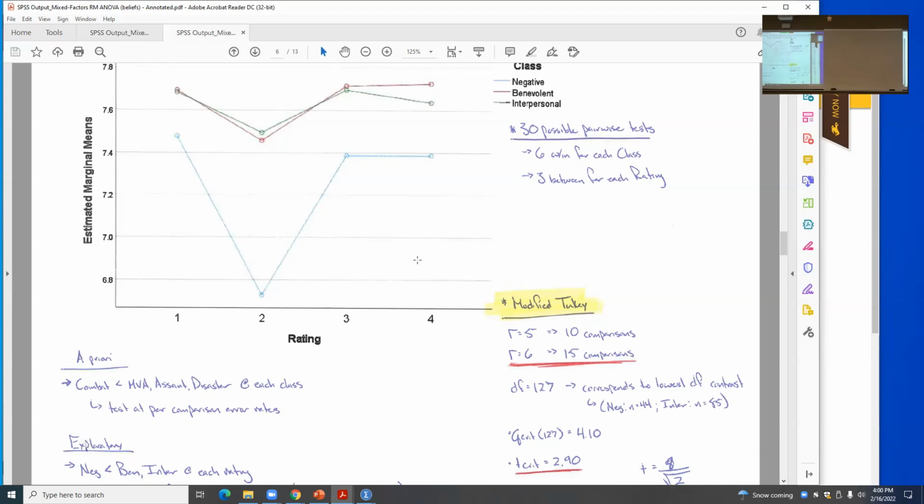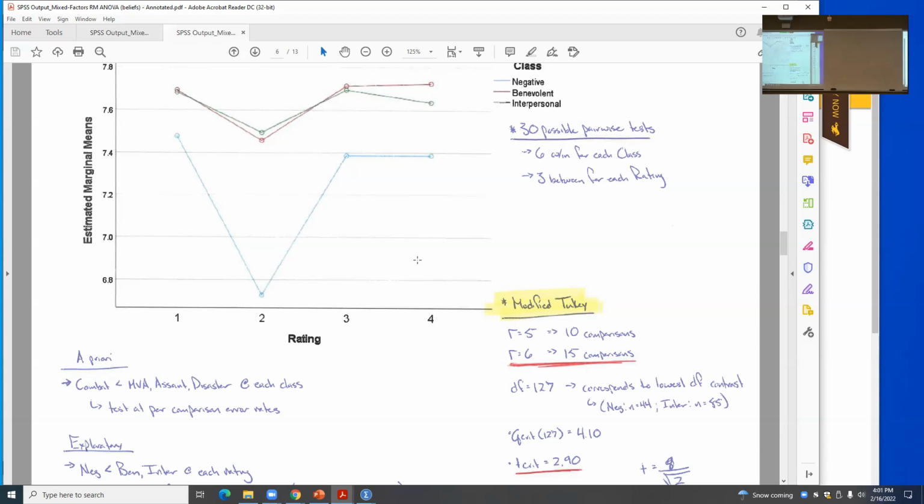Yeah, does this negative class look kind of different than the other two? Now, maybe I predicted that before, maybe after I looked at it. But maybe I'm seeing daylight here. Is this negative class different than the combination of the other two? The other two look pretty similar for the most part.